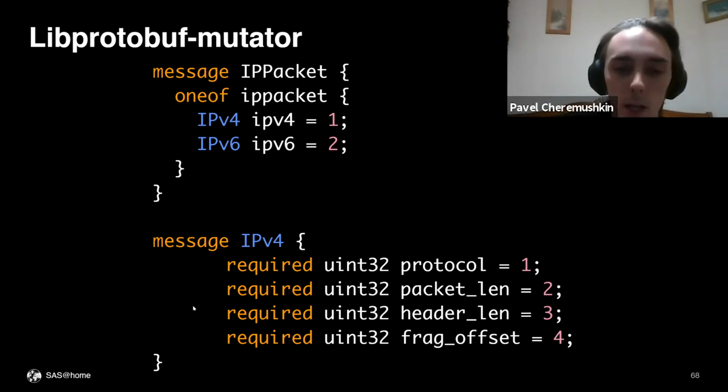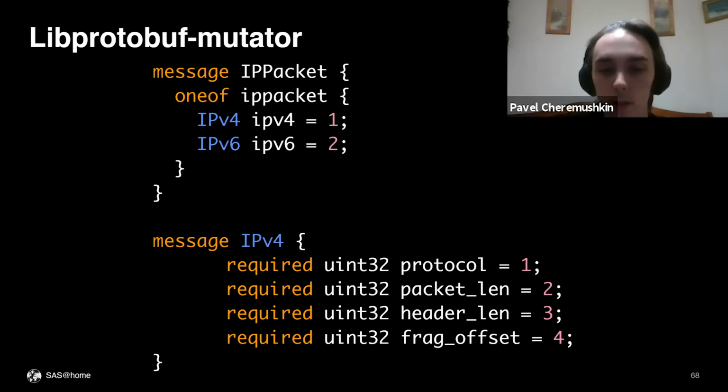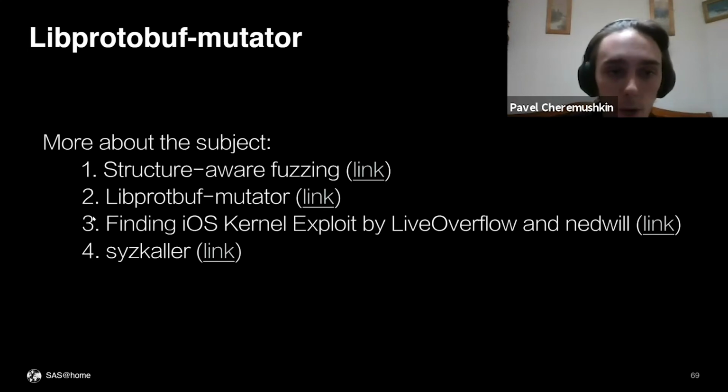So it would help your fuzzer a lot if you're using it to find bugs in code that is parsing highly structured input. To read more about it, I can recommend this page, which is called Structure-Aware Fuzzing.